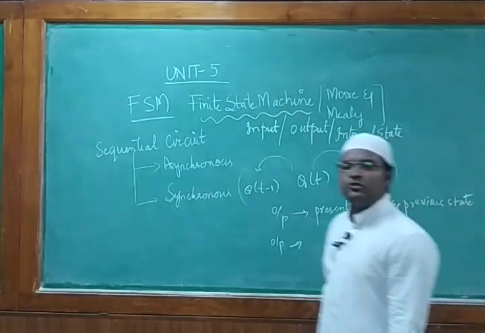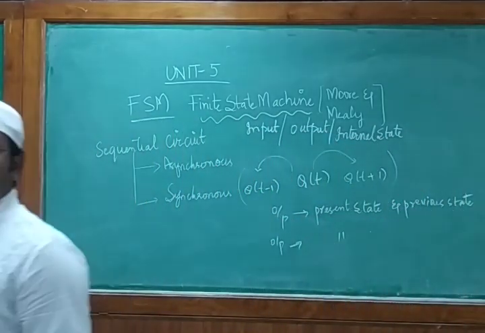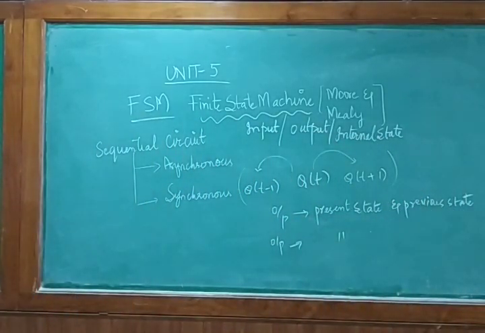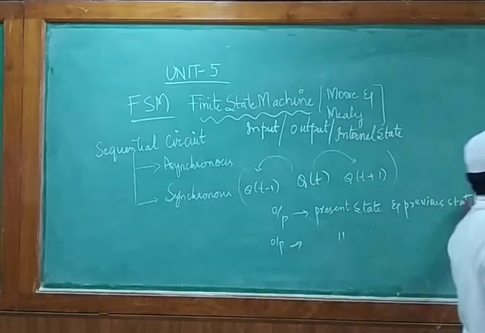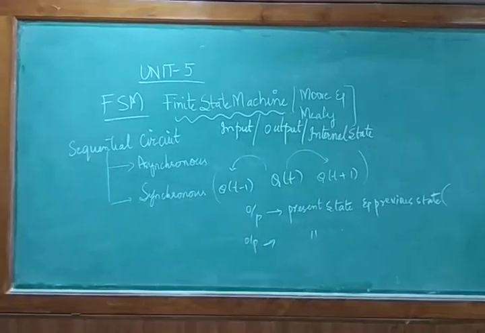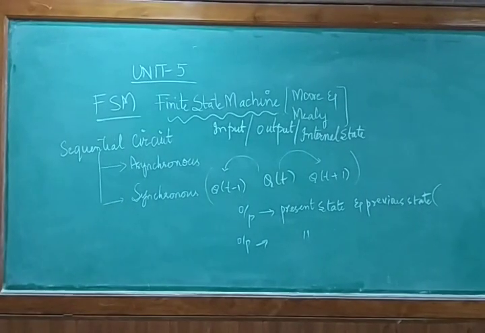When the outputs depend upon both the present state and the inputs, then it is a Mealy model. So the output depends upon the present state, previous state or internal state. This type of model is called what, students? This is called the Mealy model.